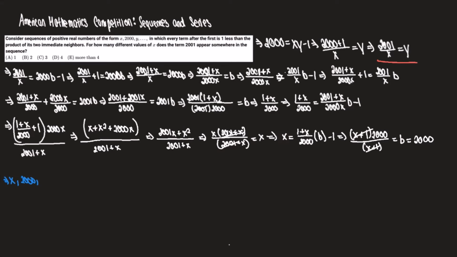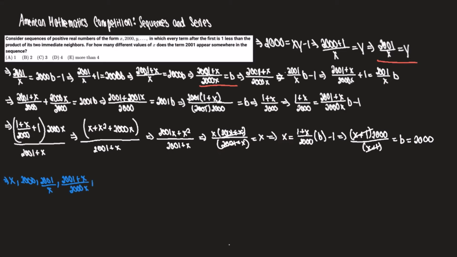And the next term was 2001 plus x divided by 2000x.